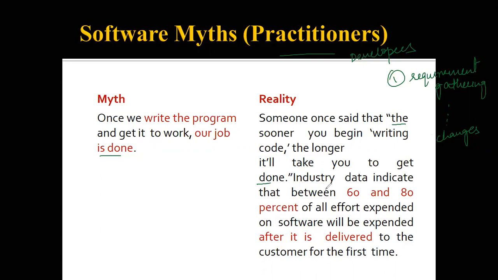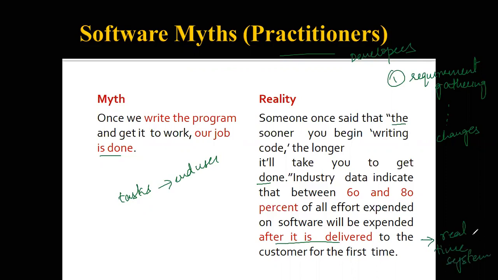Now the industry's data indicate that 60 to 80% of all effort expended on software will be expended after it is delivered to the customer for the first delivery. Whatever tasks you have done, whether they are correct or not, whether they are functioning properly according to the end user, you're going to get to know only after the software is delivered, because when it is delivered, you're going to use it on a real-time system.